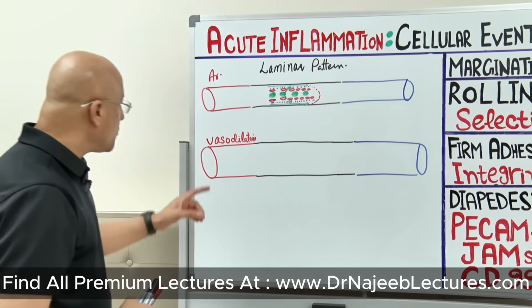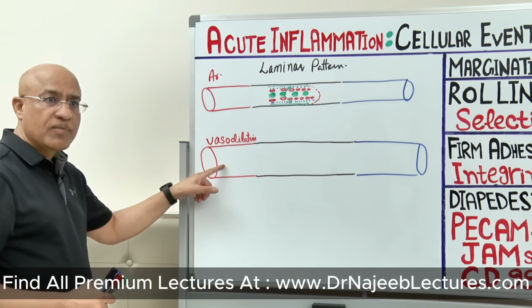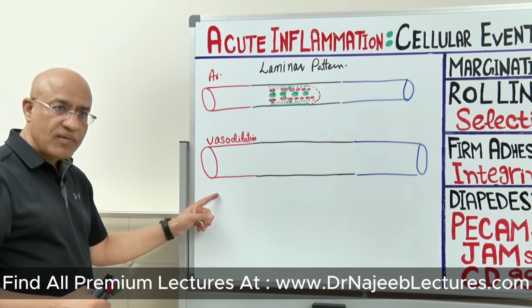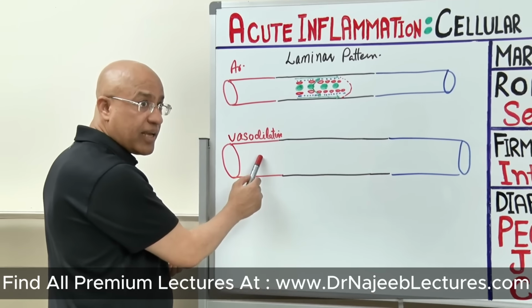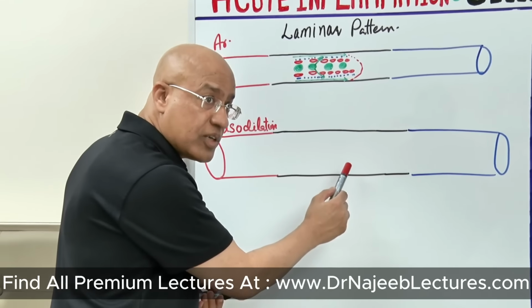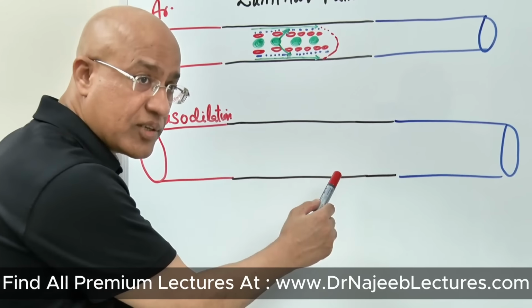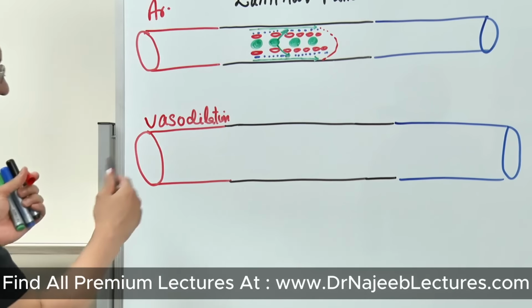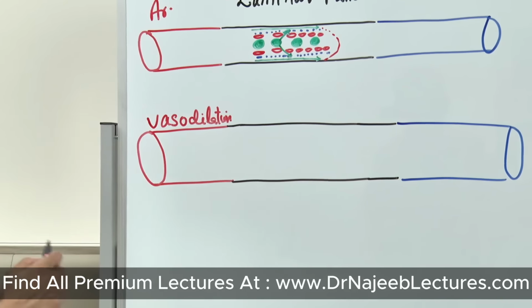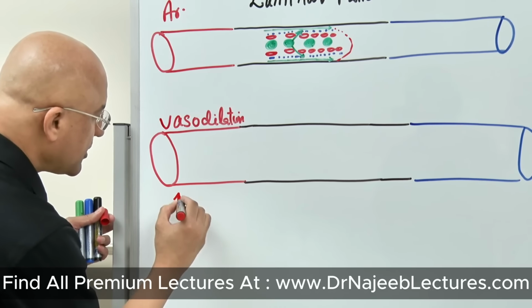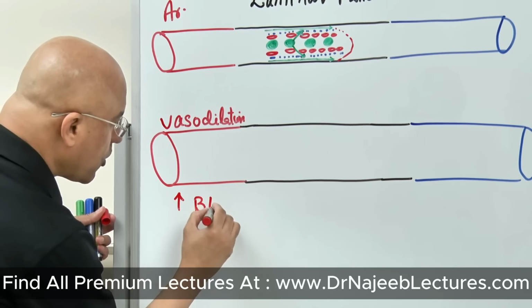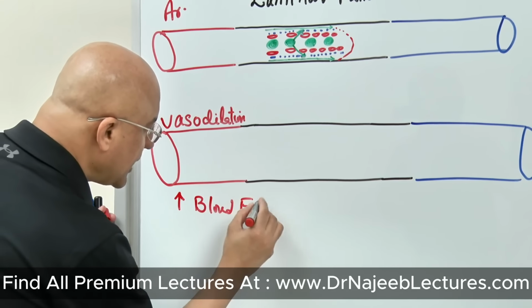For example, the first step is that vasodilation will occur. And I will explain how this vasodilation contributes towards margination. What happens due to vasodilation? There is increased blood flow into the tissue.